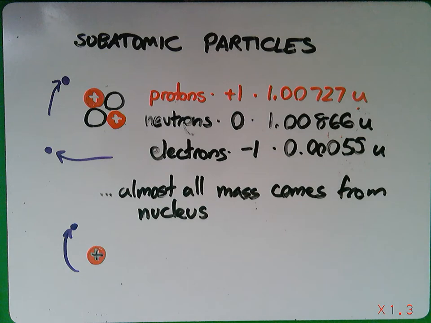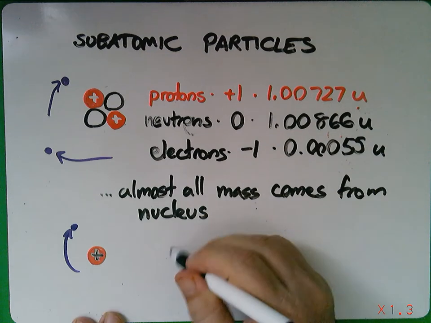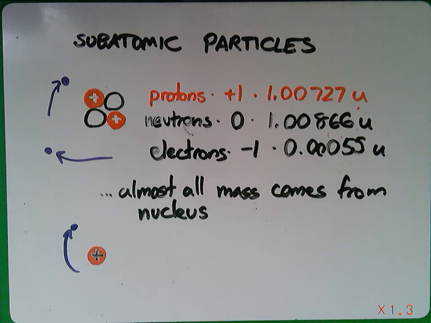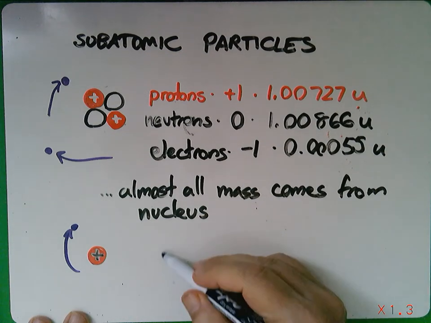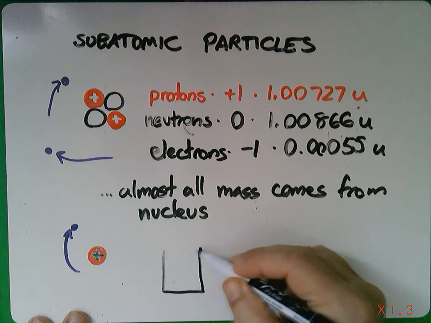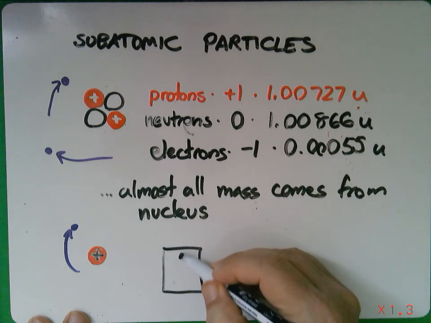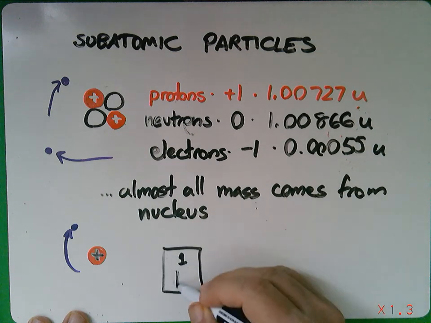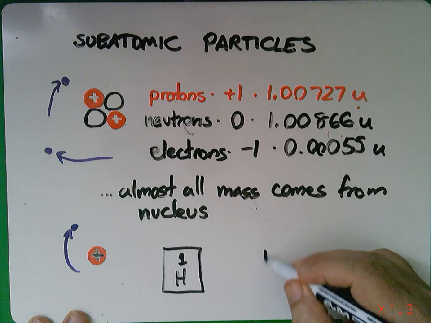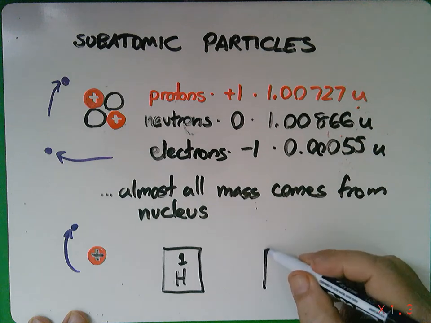If you take a look at the periodic table, you will see that there is always a number on top of the element or maybe up in the corner. You'll see a little block like this in the periodic table for hydrogen.